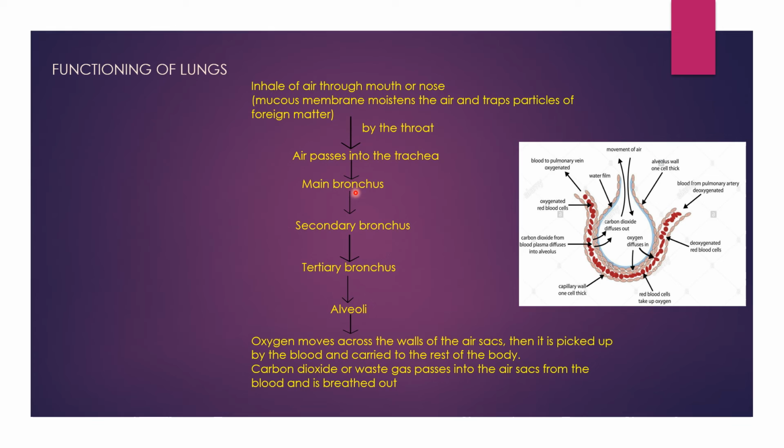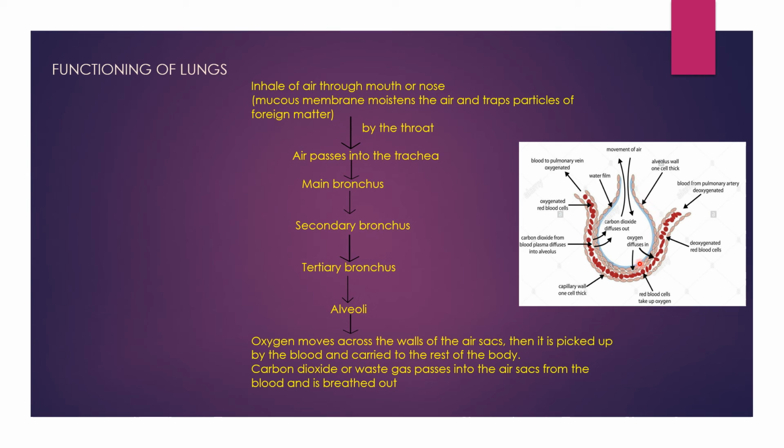After the trachea, that air will go into the main bronchus, secondary bronchus and tertiary bronchus. And lastly, I told you the end point of the respiratory system, that is alveoli. So now air will come here in alveoli. This is the structure of alveoli.